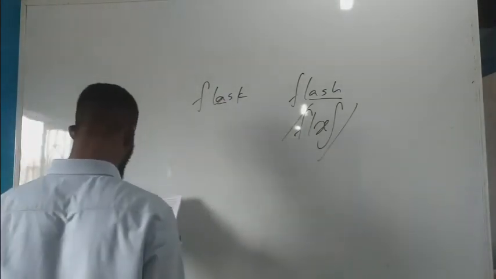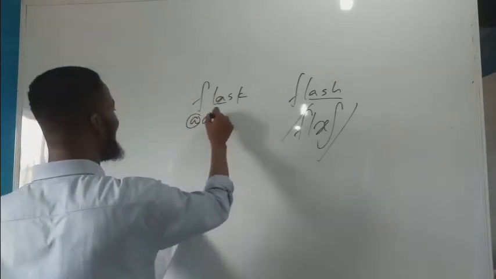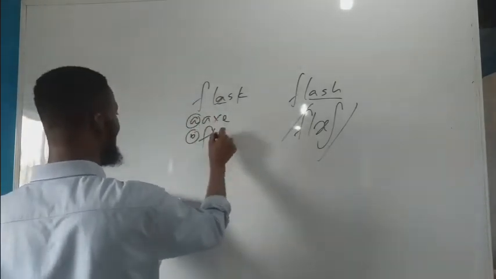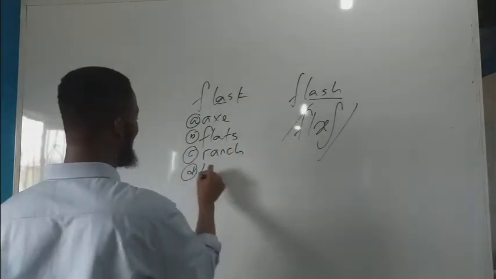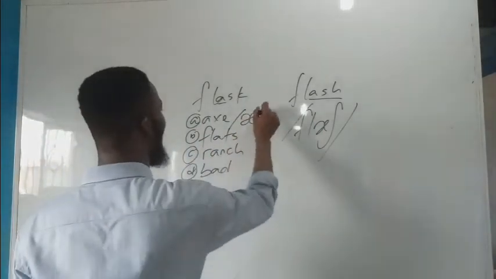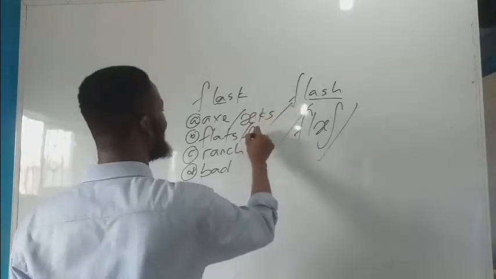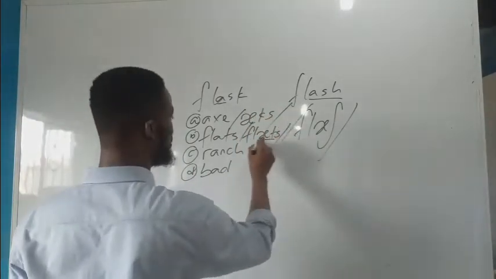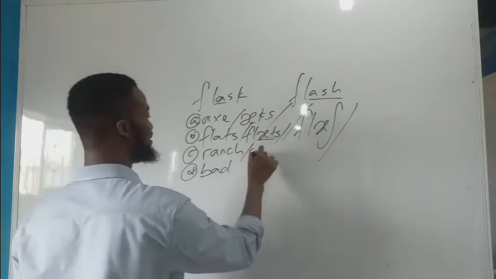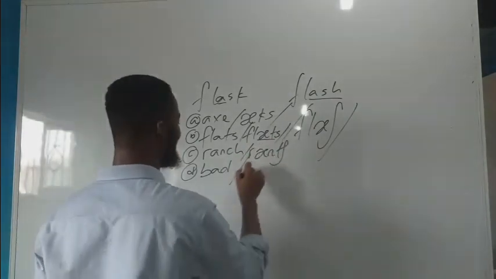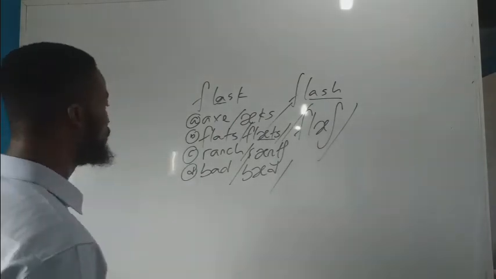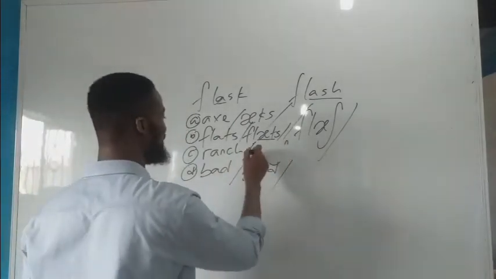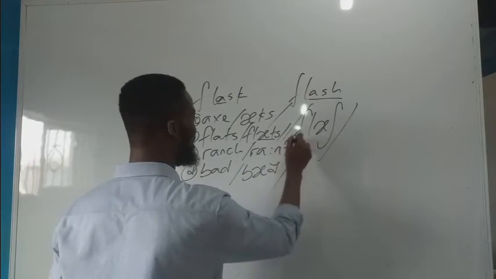Flask. Option A, we have AXE. Option B, we have FLATS. C, we have RANCH. D, we have BAD. This is axe. This is flats, and it's short because of the T. This is ranch, and this is bad. So the only, pardon me please, option C is ranch, long, ranch.